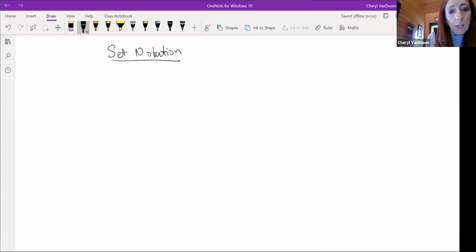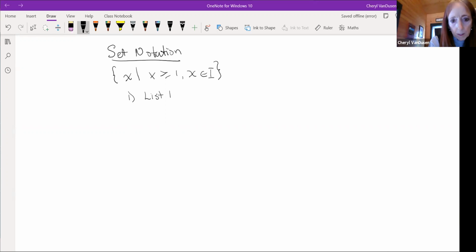Okay, so let's say we're given a question that looks like this: x such that x is greater than or equal to 1. X is a real number. No, let's do integers instead. Real number would be a pain in the neck. Okay, so say we're given that, and what we're asked to do is number one, list the elements.